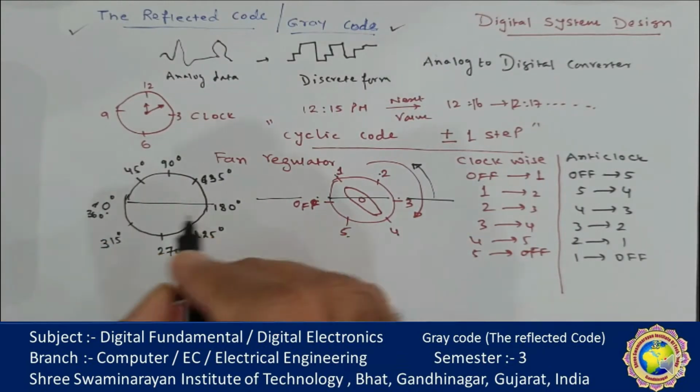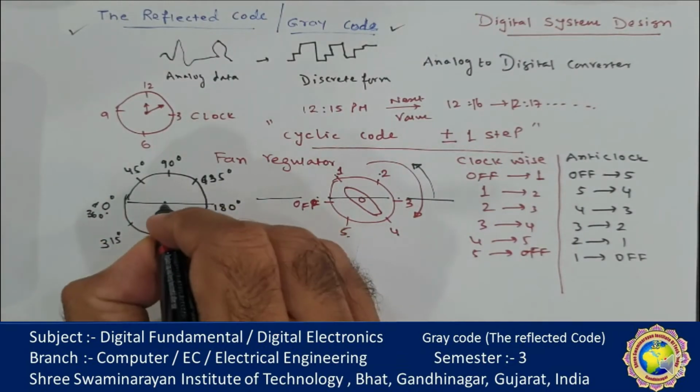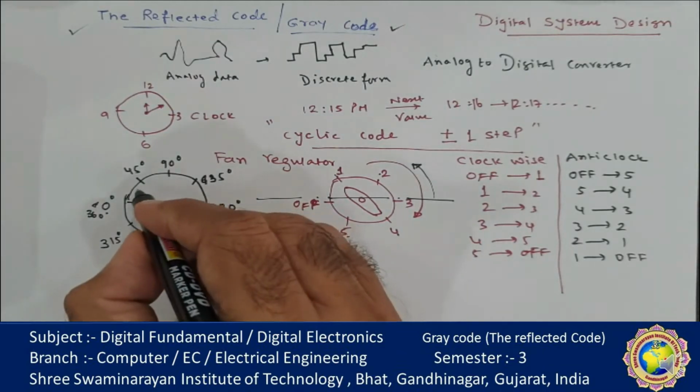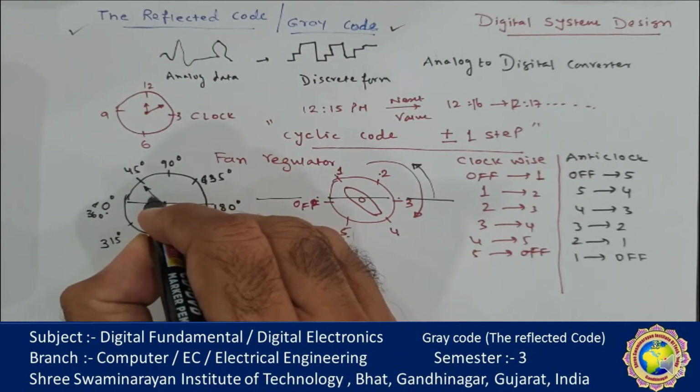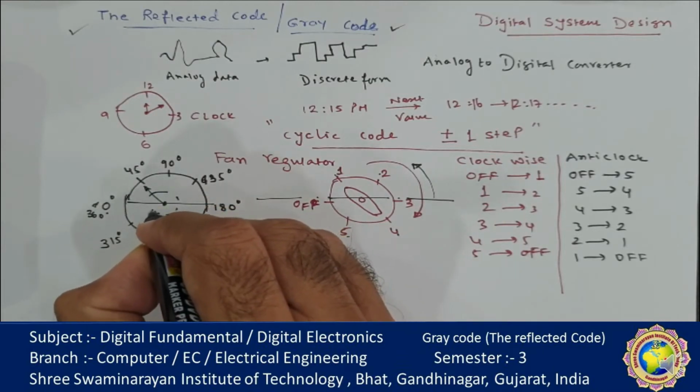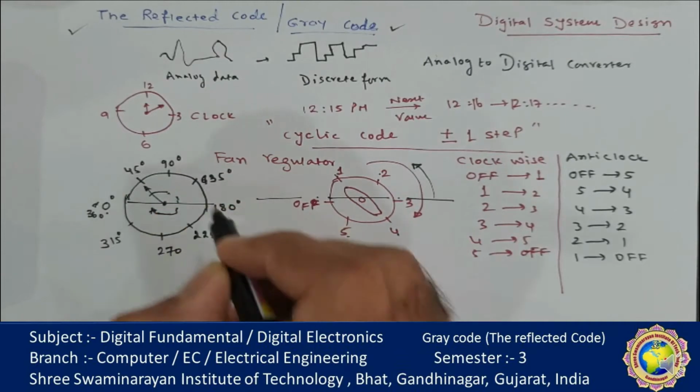Both are same. So this is the degree. So here what happens, suppose my switching is 45 degree or whatever, it always increments or decrements by 45 degree.